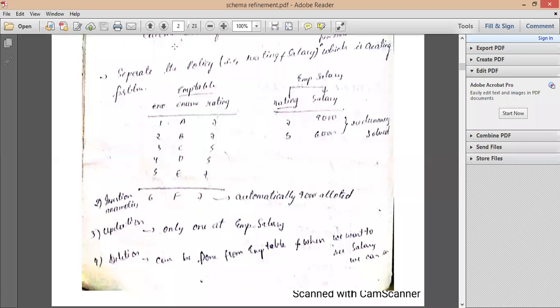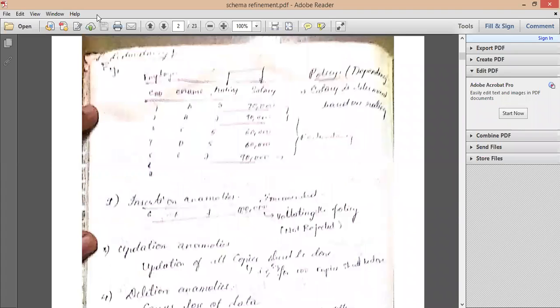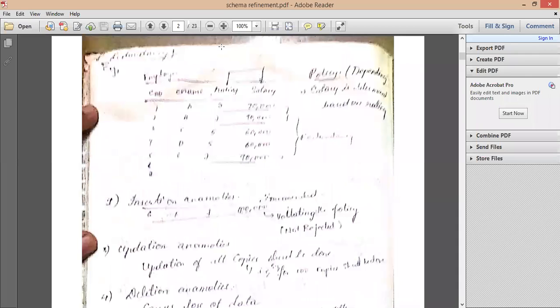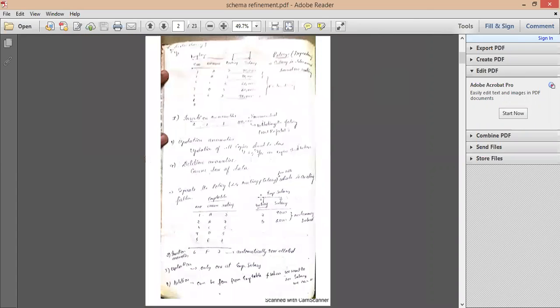Next, we'll see what is functional dependency. Suppose you had a dependency here where the arrow from rating goes to salary.